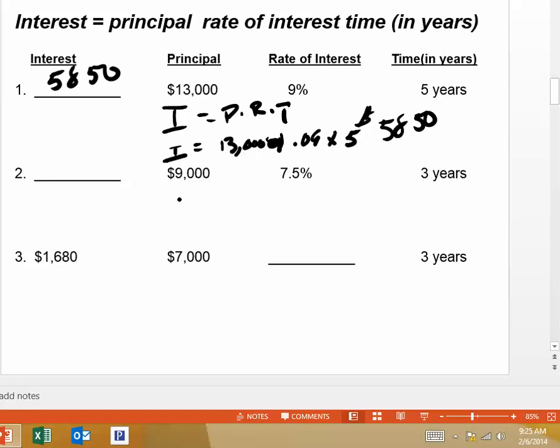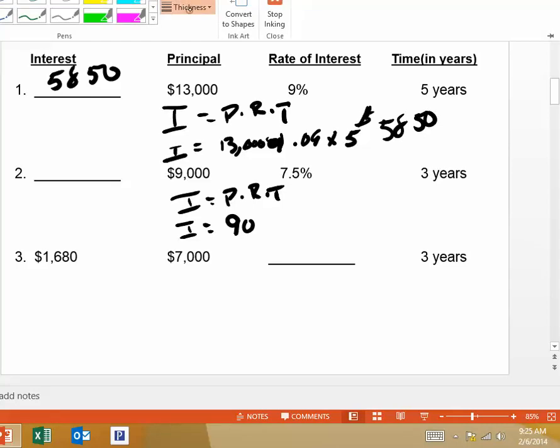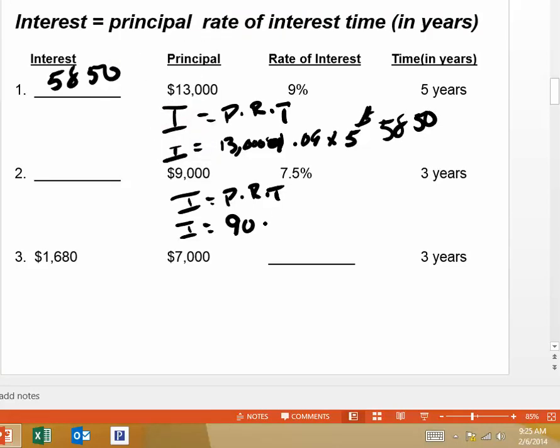Likewise, using the same formula, interest is equal to principal times rate times time. We don't know the interest. We borrowed $9,000 at 7.5% for 3 years.